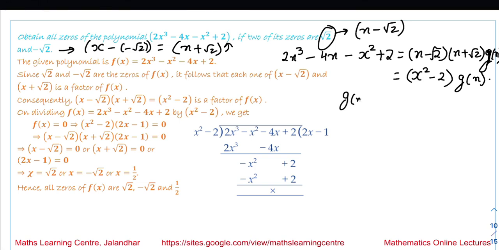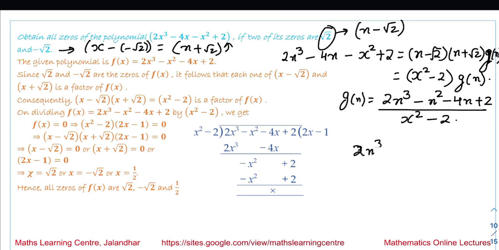So the value of g(x) will be 2x cube minus x square minus 4x plus 2 divided by x square minus 2. So when we divide, it is 2x cube minus x square minus 4x plus 2, and we are dividing it with x square minus 2.